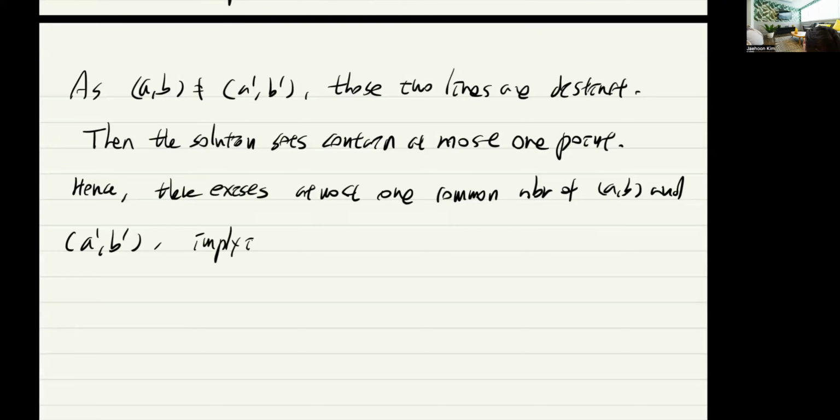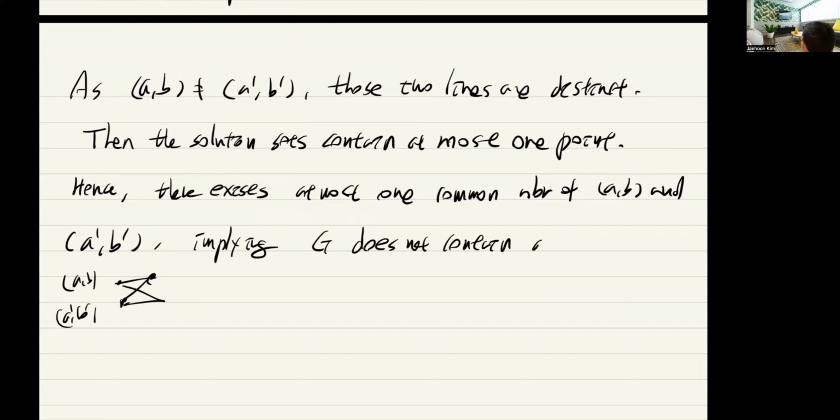This implies that it does not contain any K_{2,2}. K_{2,2} requires two vertices (a, b) and (a', b'), and then there should also be two common neighbors. But we just showed that there is at most one common neighbor, implying G does not contain any K_{2,2}.